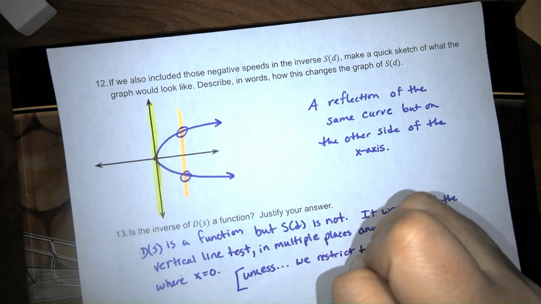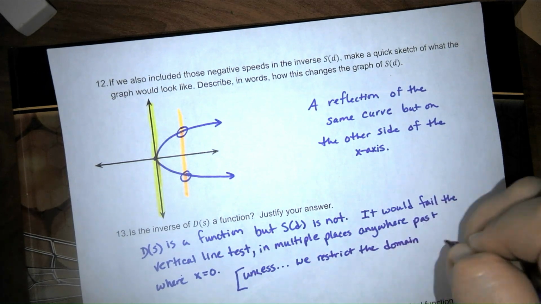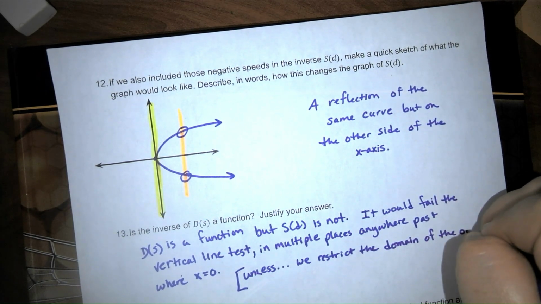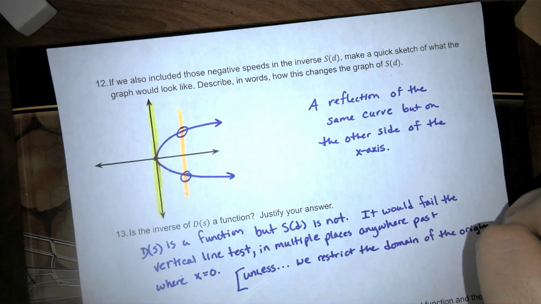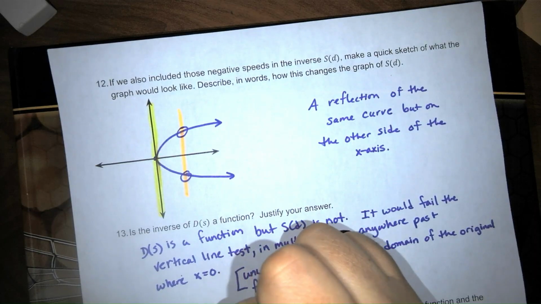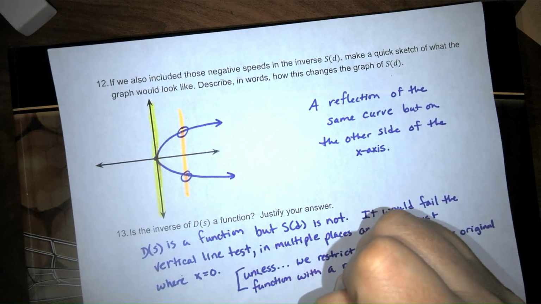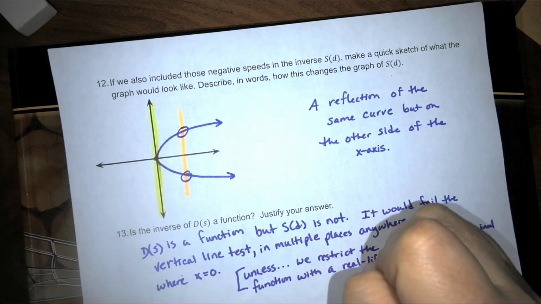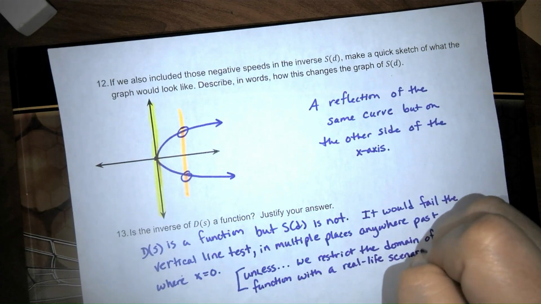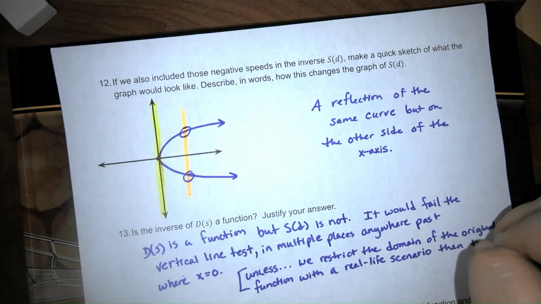And what that means is we make the domain only some values of x. If we restrict the domain of the original function with a real-life scenario, then when we take the inverse, it will be a function.